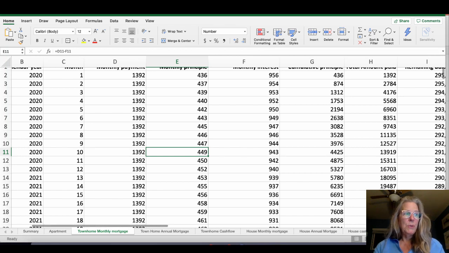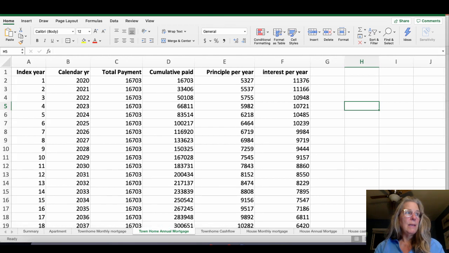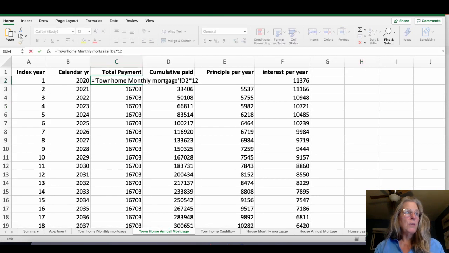And then what you have to do in order to get to the annual spreadsheet is you need to accumulate this for the whole time period. So in this case, I go to the townhome monthly mortgage and I go from D2 times 12 because I'm going to get a full year of payments on there.